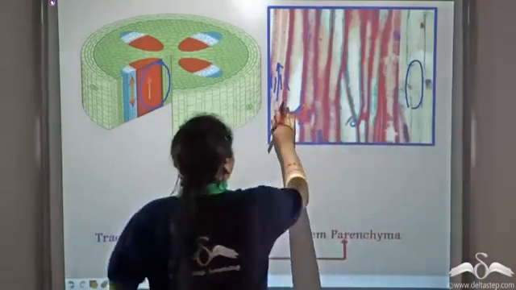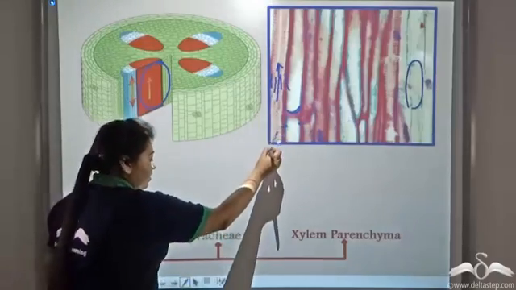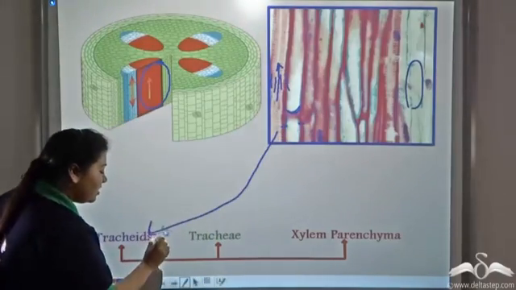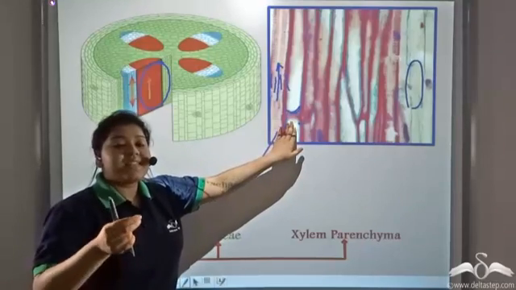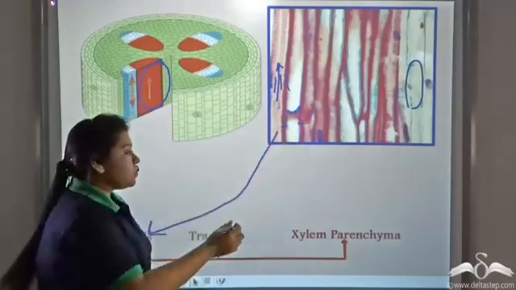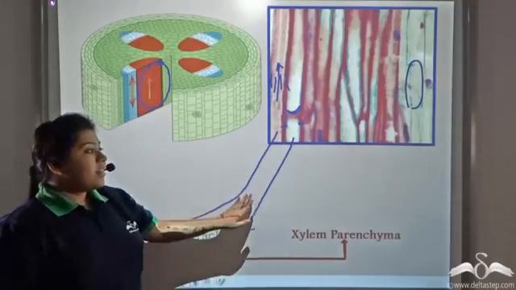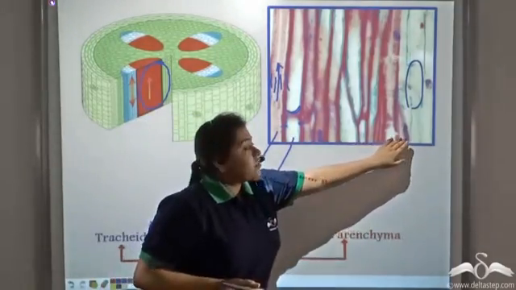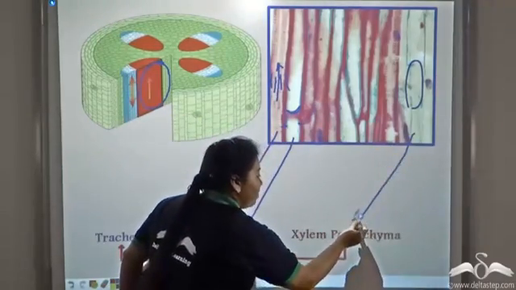So this cell that had very thickened cell walls is known as tracheids. The next cell, which had relatively thick cell walls but a broader passage, is known as the trachea. And this cell, which has thin cell wall, is known as xylem parenchyma.